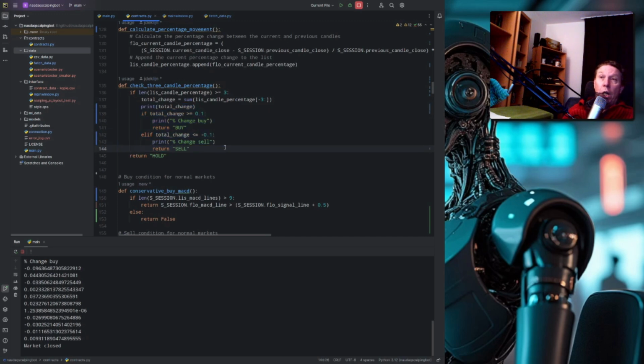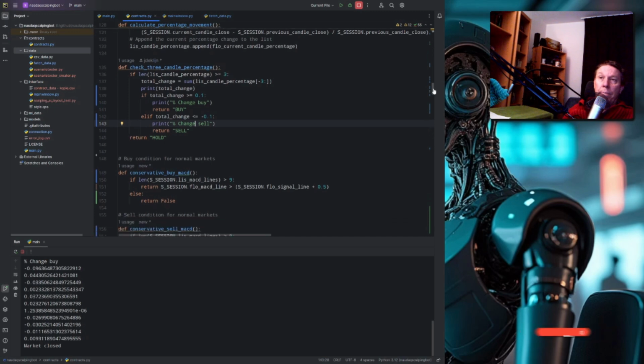I see that if there is a change percentage of more than or equal to 10%, there will be a change buy or change sell. That's the only printout I still had, and the rest I already disabled in the code.